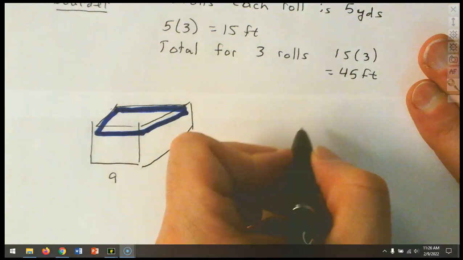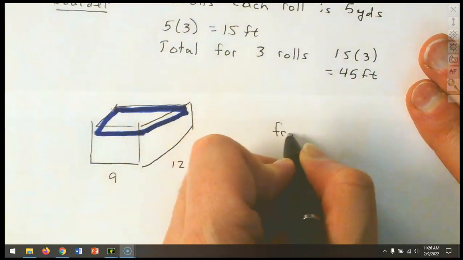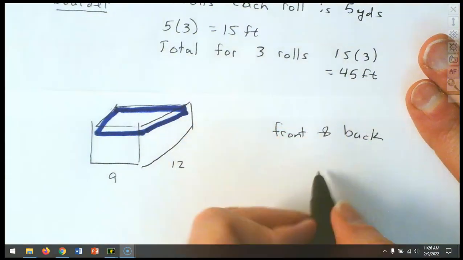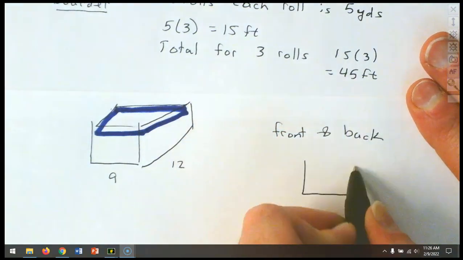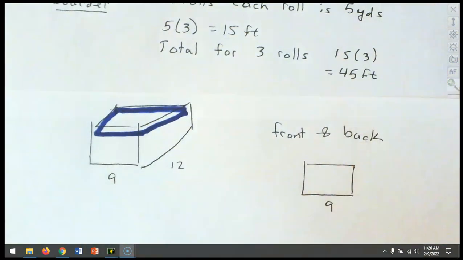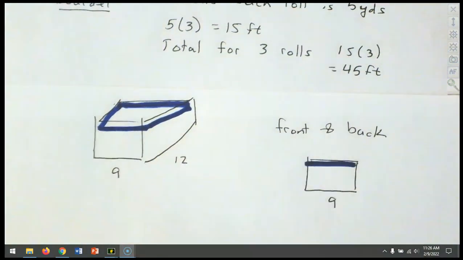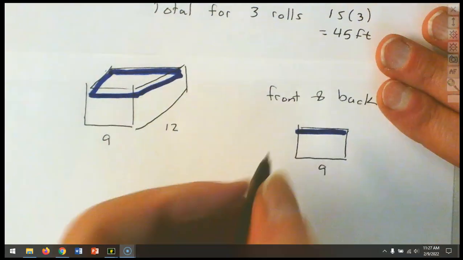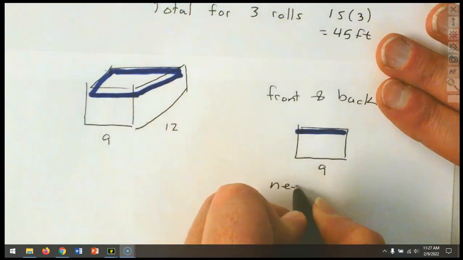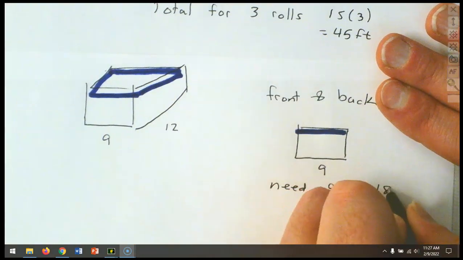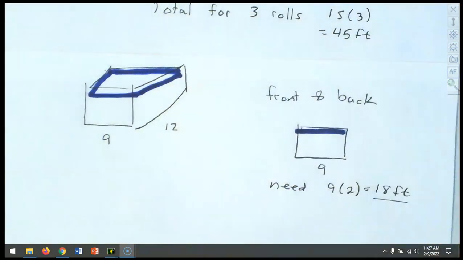So let's look at the front and back. For the front and the back, we're looking at this room that's 9 feet long. Okay, so if I want to paper this room, I'm going to need 9 feet of paper, but I'm going to need a front and a back. So I actually need 9 times 2, which is then 18 feet of paper there.